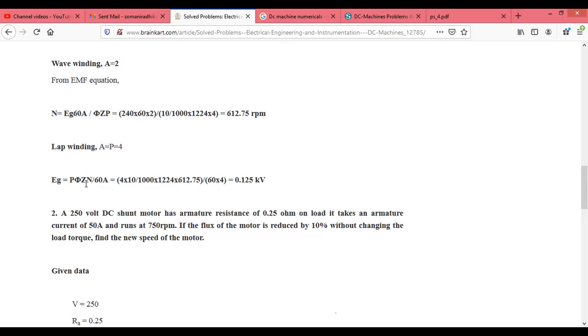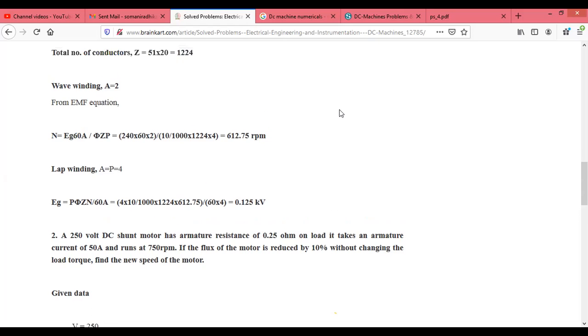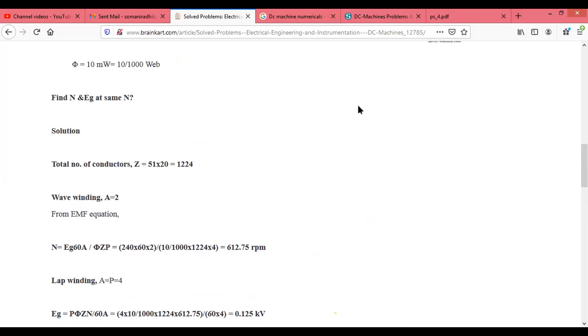All these values are already given. P is 4. Phi is 10 milliweber, that is 10 into 10 raised to minus 3. Z is not given directly, but they have given the number of slots and the conductors per slot, so you can solve for the value of Z.